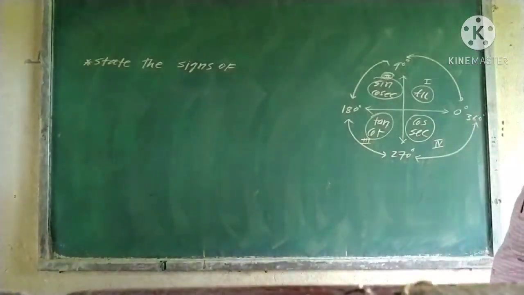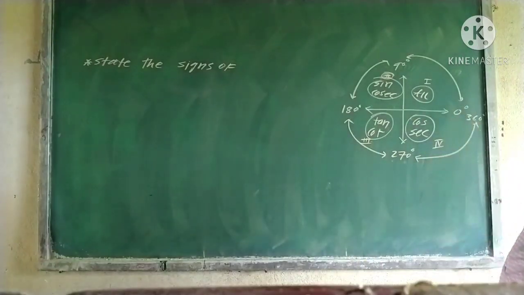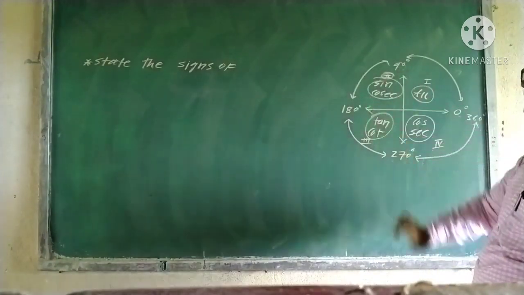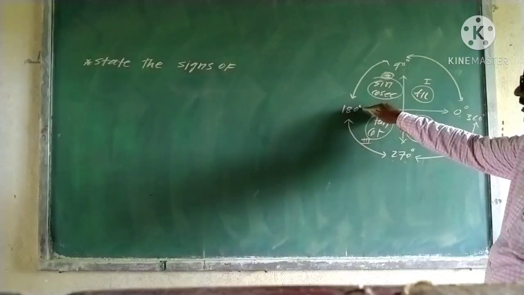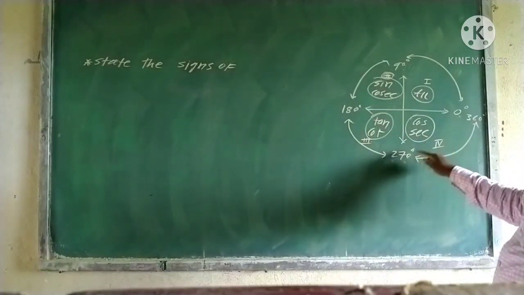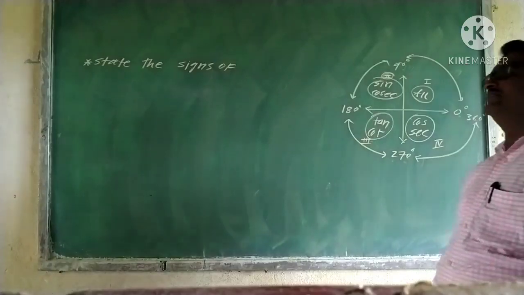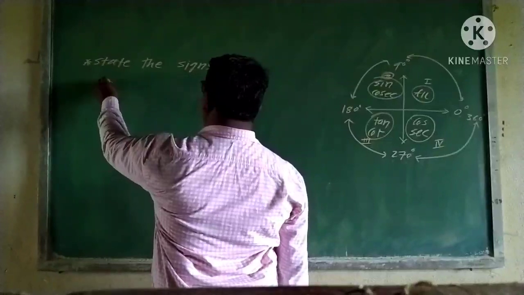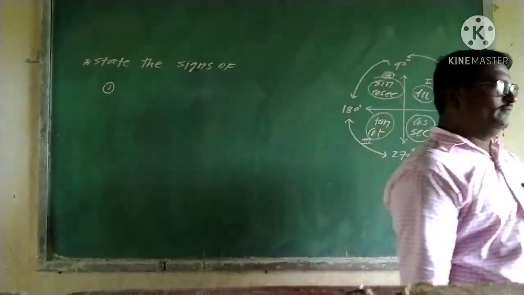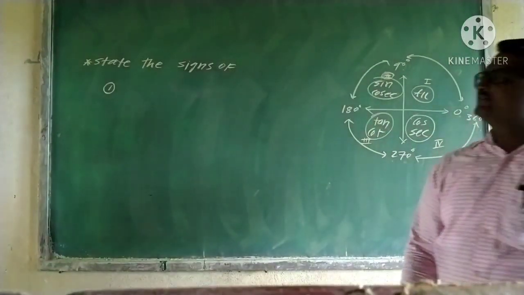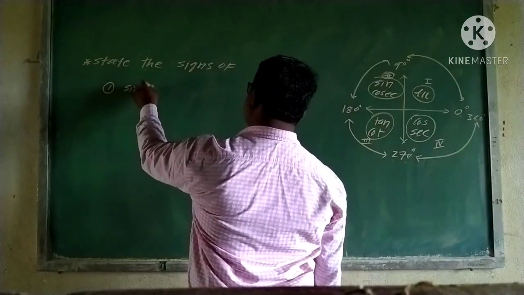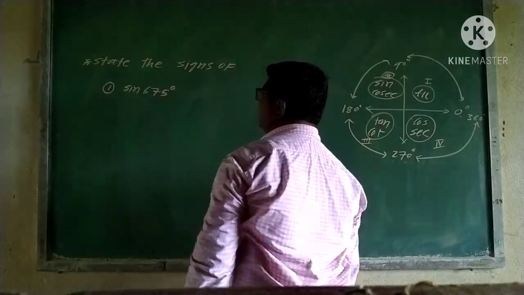And then we get the measurement of angles: first quadrant 0 to 90, second quadrant 90 to 180, third quadrant 180 to 270, and fourth quadrant 270 to 360. Now the first problem is to find the sign of sine of 675 degree.